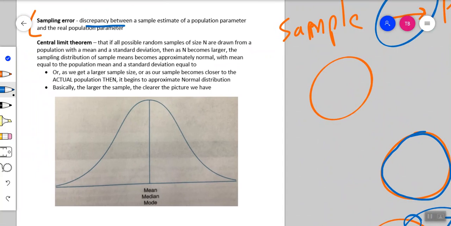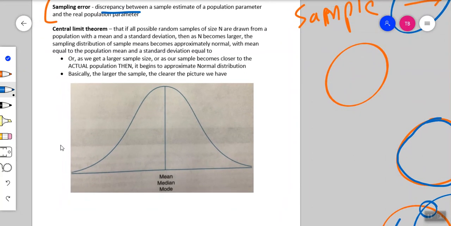Okay, so final pieces then, and this is something we're going to run into a lot, it's back to the idea of how closely our sample represents the population. If we take a look at a normal curve, remember, our normal curves are like this. While normal curves are theoretically perfect, we don't always have that perfect alignment. There's going to be a little bit of discrepancy. So how do you know if your sample size is big enough?